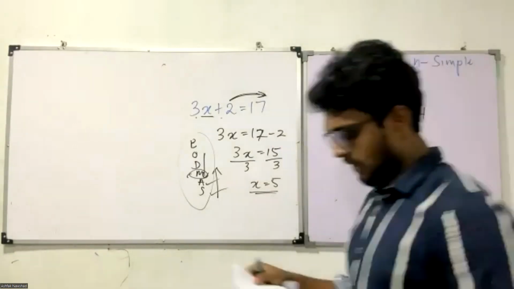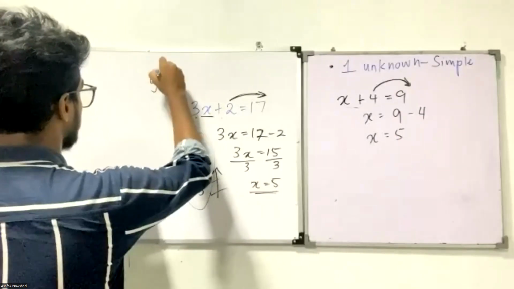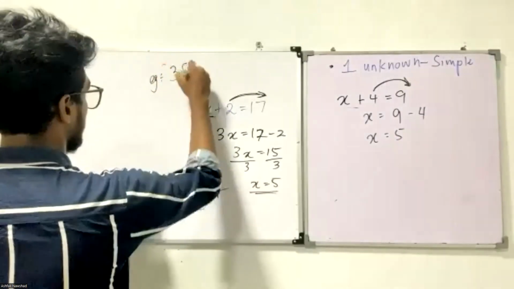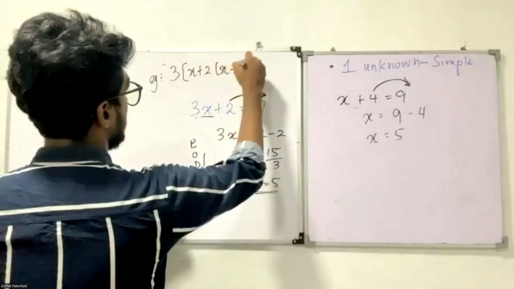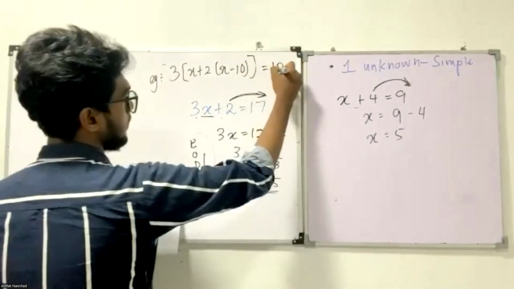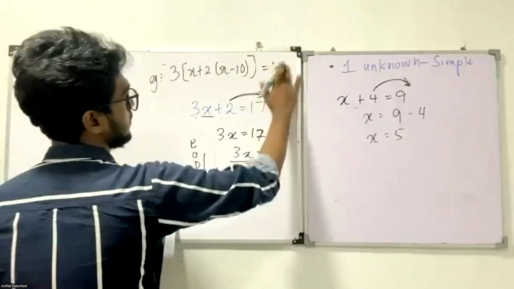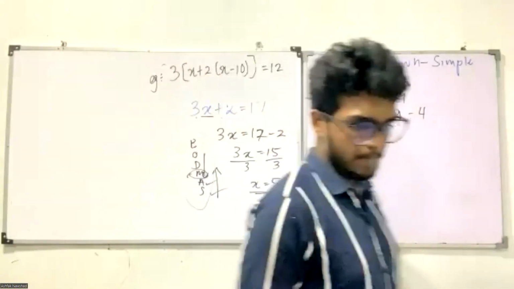Correct? Okay. Now let's try the simple equation in the example in the table. It's 3x plus 2x minus 10. Please change this 9 into 12. This must be 12. That's not 9, this must be 12. Now you can try.